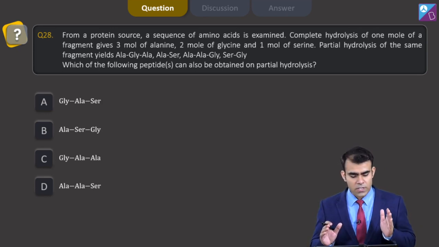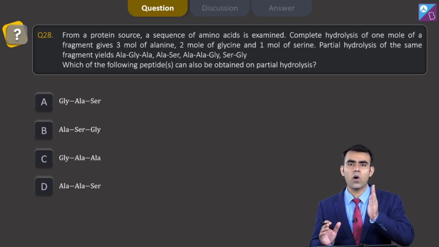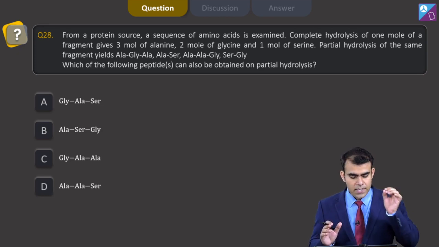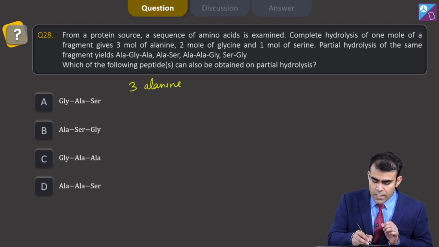And for sequencing, what they do is they give us the monomer units, that is, the alpha amino acids obtained on hydrolysis. That is 3 moles of alanine, 2 moles of glycine and 1 mole of serine.